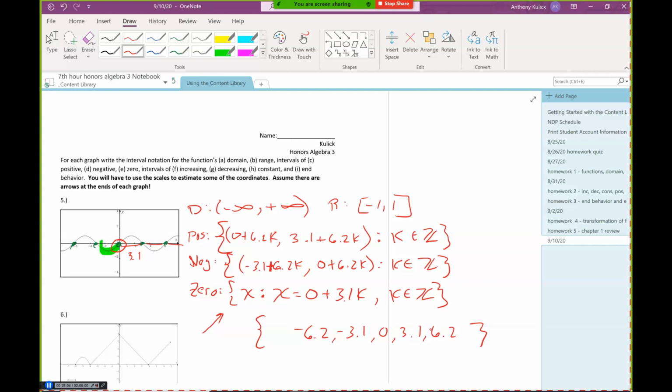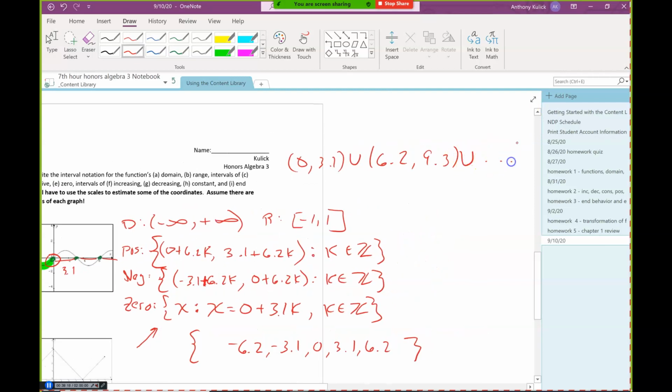And if you did what you were describing before with the positive pieces, like 0 to 3.1, union, 6.2 to 9.3, union, and you had dots at the end, I would probably mark that correct.